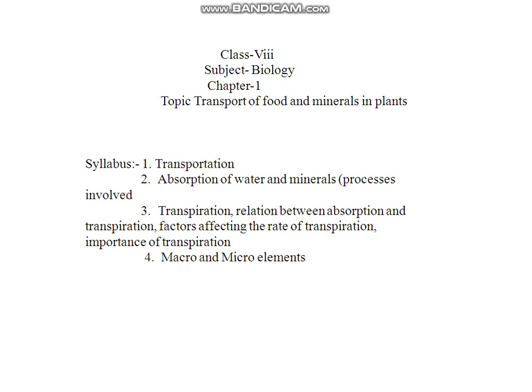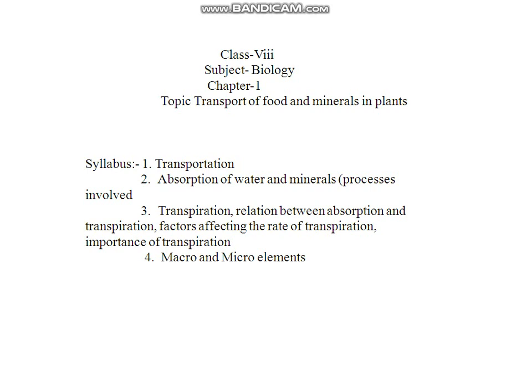Number 3, transpiration. That means the definition of transpiration, then the importance of transpiration, the factors affecting the rate of transpiration, and the relation between absorption and transpiration.